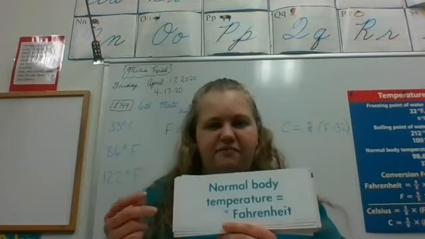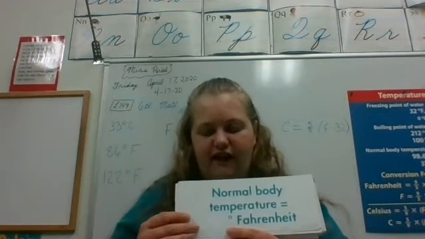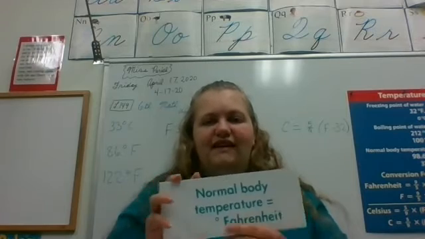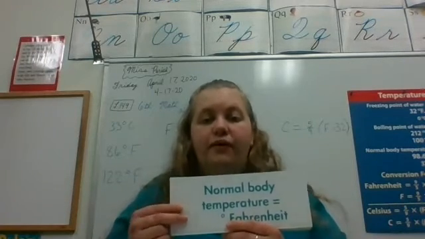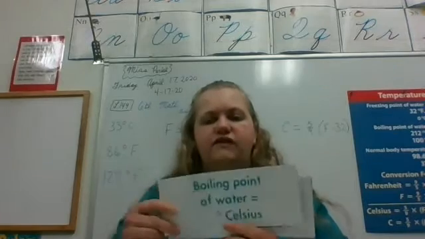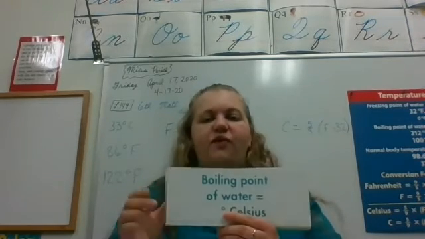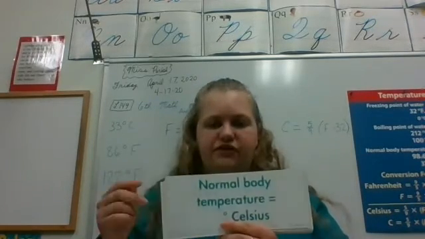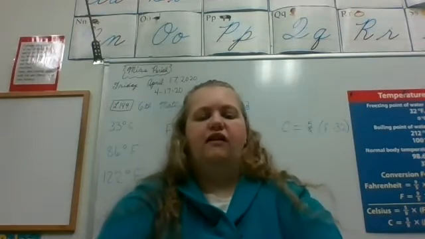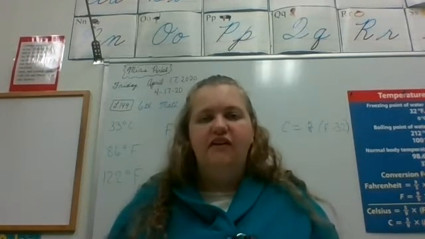Everyone found that a little tricky and tended to mix it up. So 98.6, and then boiling point Celsius, 100. Normal body temperature Celsius, 37. Very good. All right, I'll let you pause the video, take your speed drill, do well.